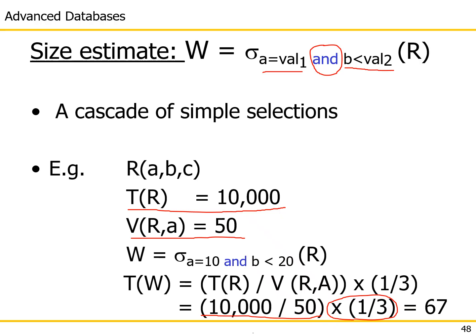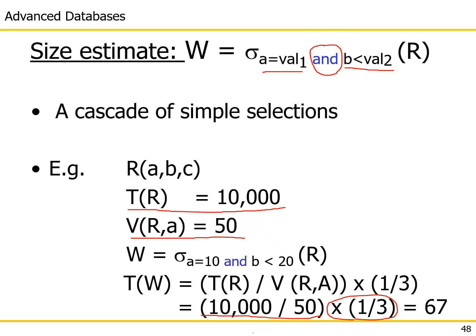I don't want to complicate things here, so I'm just going to say 1/3 of R. But the question is, how do we combine the estimates? The estimate of this alone is 1 over 50 multiplied by 10,000. The estimate of this alone is 1/3 multiplied by R. So how do we combine them?